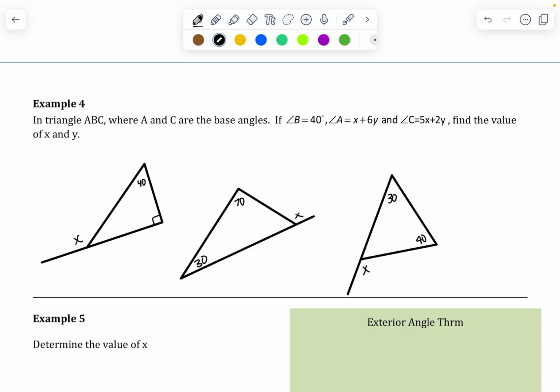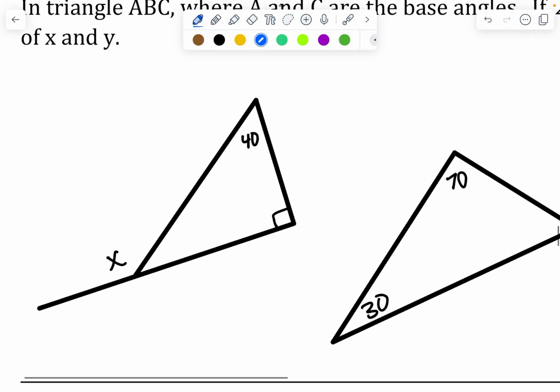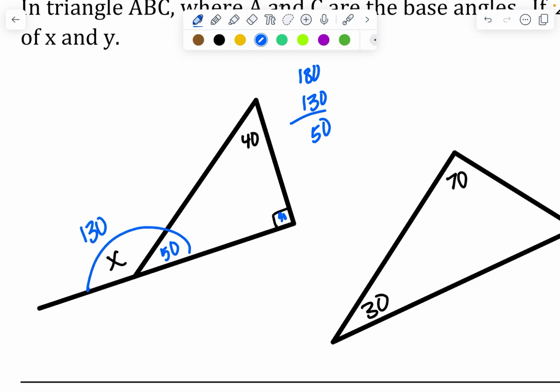Okay, so hopefully you had time to do this, but basically what I'm assuming that you would do is say, all right, well, this is 90 and that's 40, so I'm going to add those together to get 130. Subtract from 180 to get 50, and that's the interior angle there, and then use its supplement to find the exterior angle.